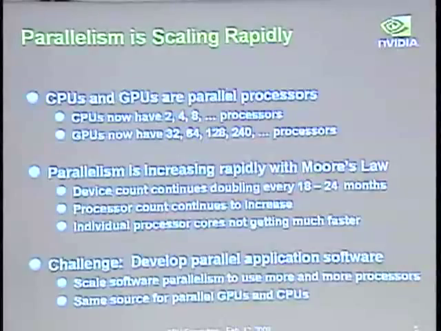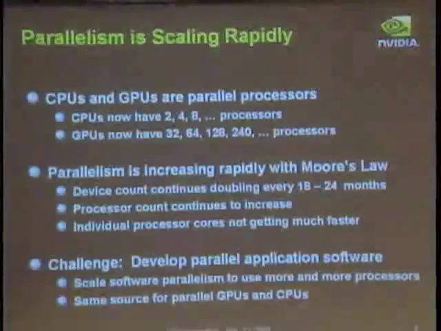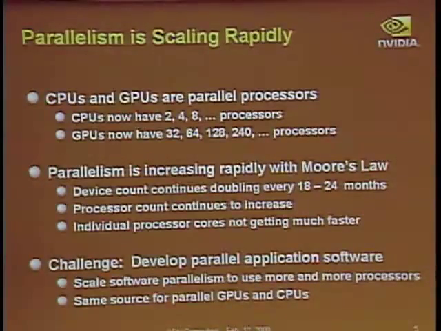I think the biggest thing that we see is that parallelism is still scaling pretty fast. The device counts are still doubling every 18 to 24 months. So Moore's law is still pretty much alive and well. It's slowed down a little bit. The traditional Moore's law says that you can make a denser, higher transistor count, more device count thing at a given cost every so many months.